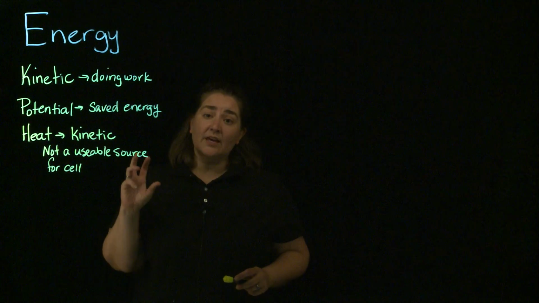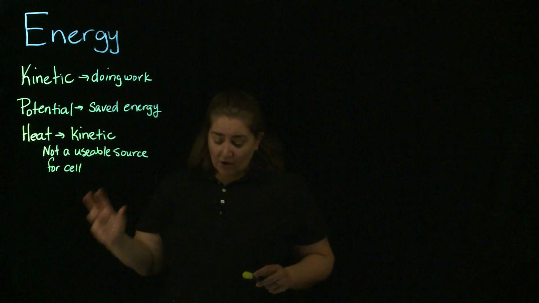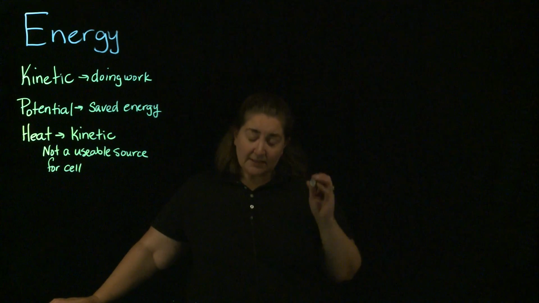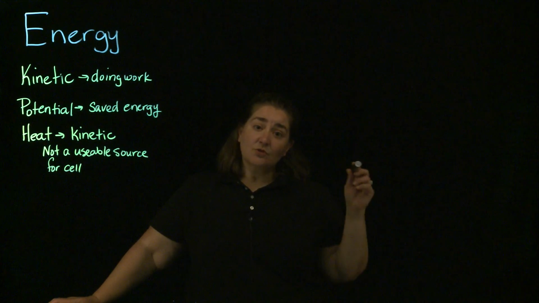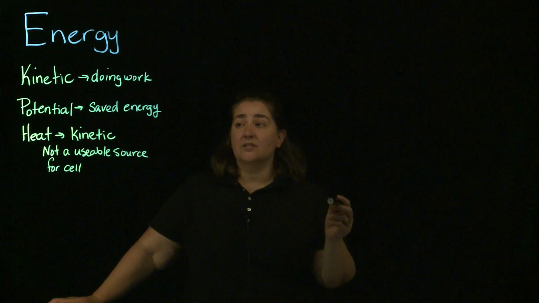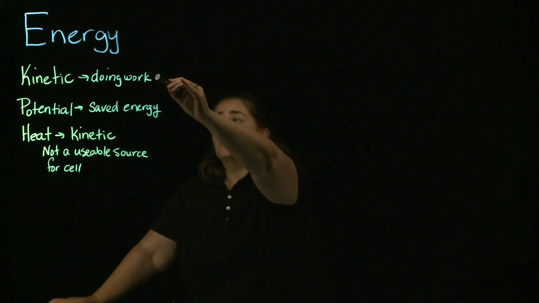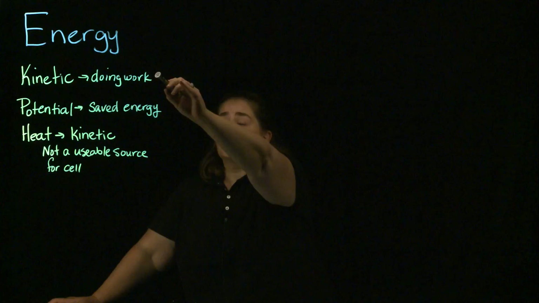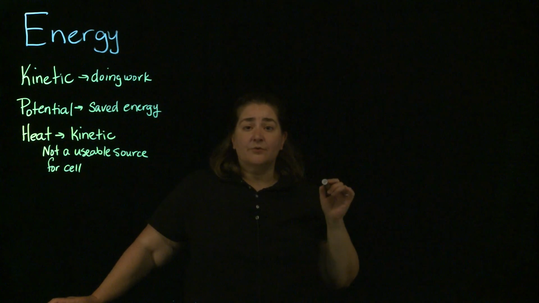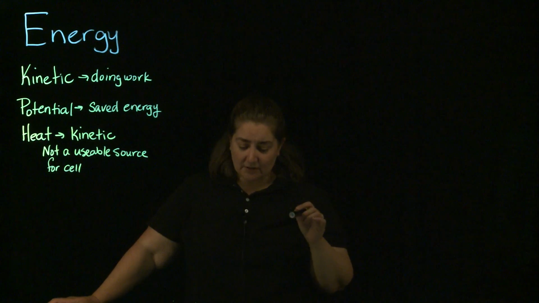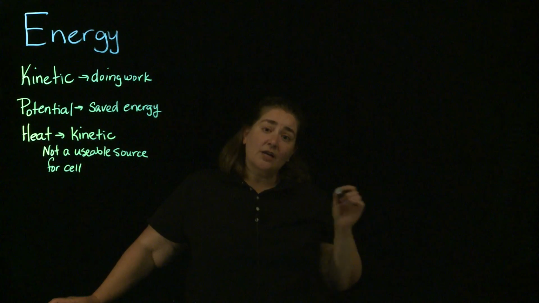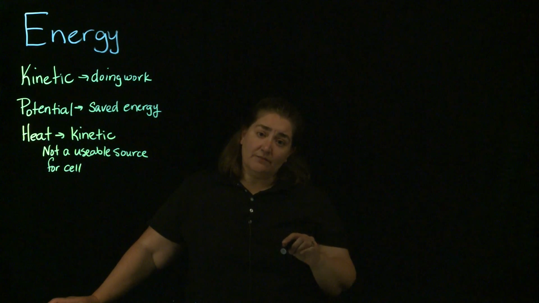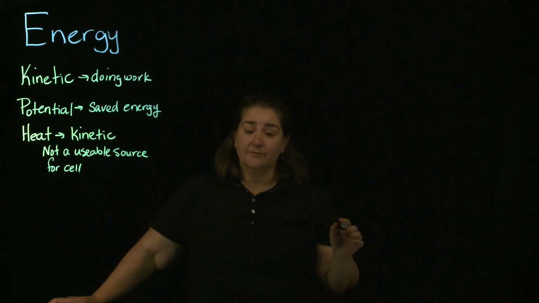Because in terms of energy, the first law of thermodynamics tells us energy can be transformed from one state to another. So we can go from kinetic to potential, we can go from potential to kinetic. You can't create or destroy energy, you can transform it.